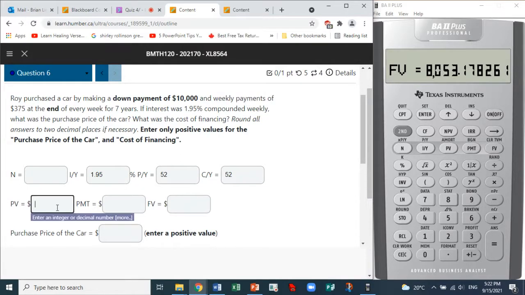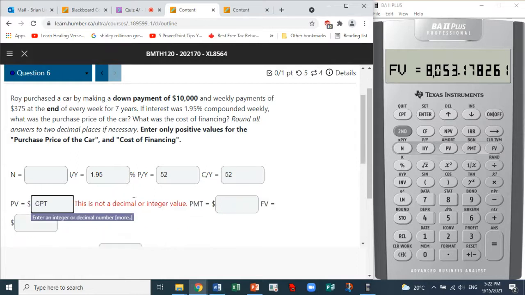Present value would be what we want to compute, so let's put compute in there. It's for our reference, not for anybody's use. Okay, so it's $375, and the future value will be 0 because the car should be paid off.